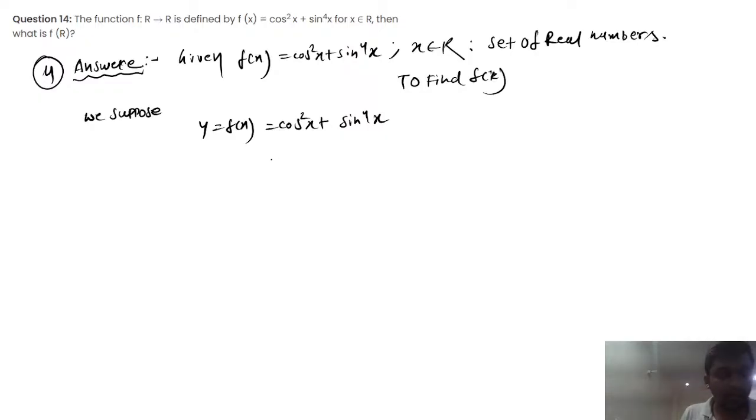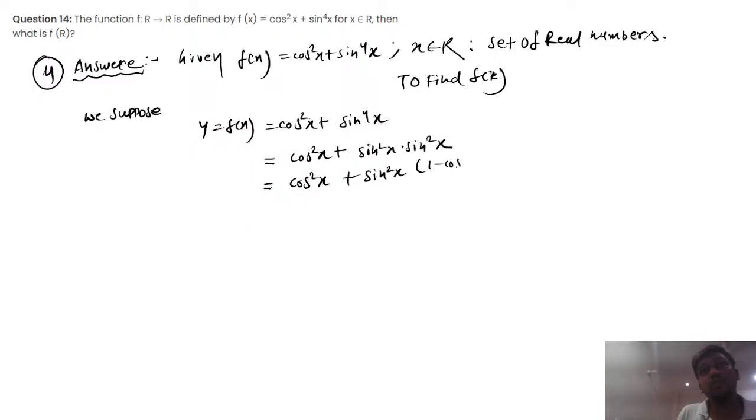So can we write it like this? Cos square x sin square x into sin square x. Any issue till here? So can we write like this further? Cos square x sin square x (1 minus cos square x).